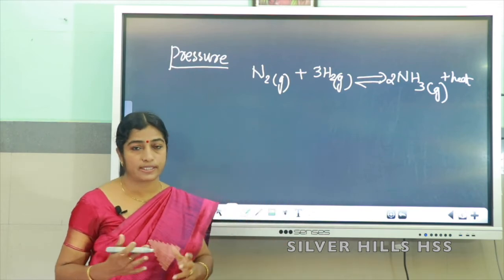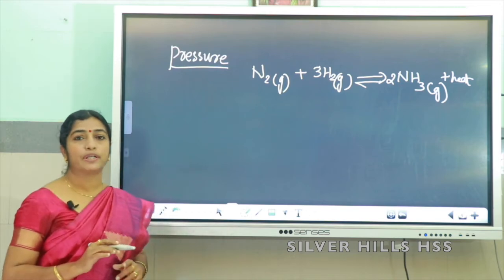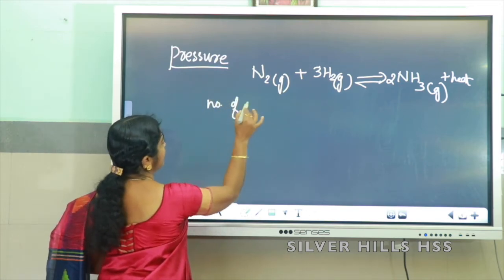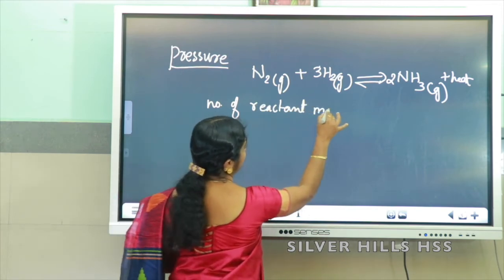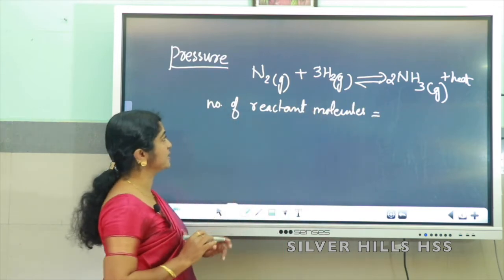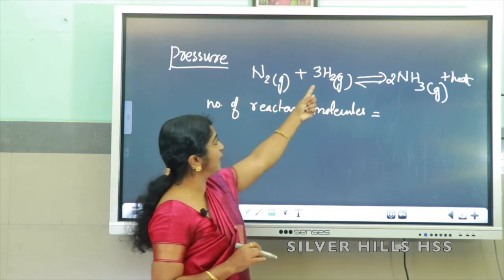Let us see how. For that, let us find out the number of reactant molecules and product molecules. How many molecules are the reactants? One nitrogen, and hydrogen it is 3.